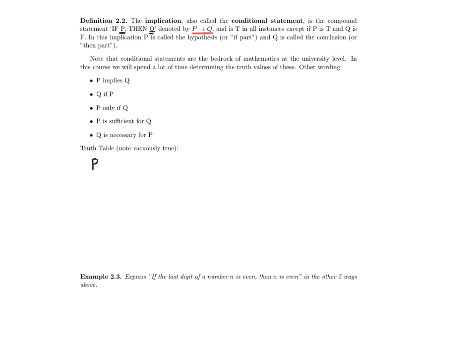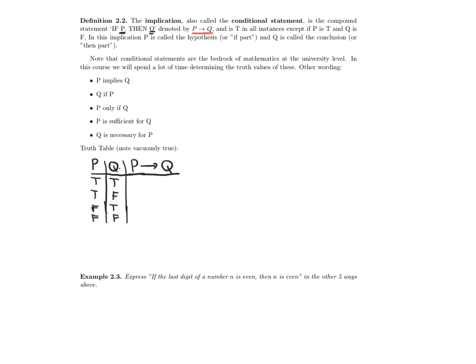Again, we need values of P and Q. And we're interested in this conditional P implies Q, or if P then Q. So we have true, true, false, false, true, false, true, false. So these are all the possible truth values for P and Q. And then P implies Q.